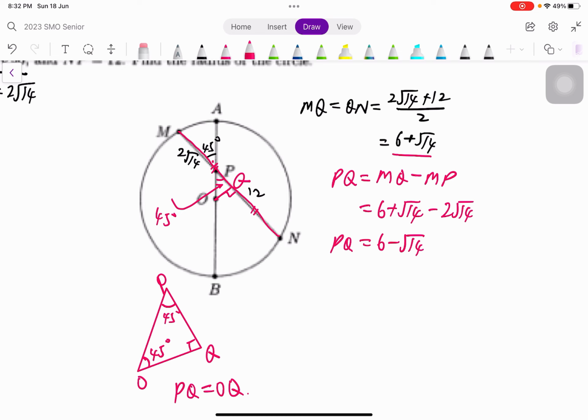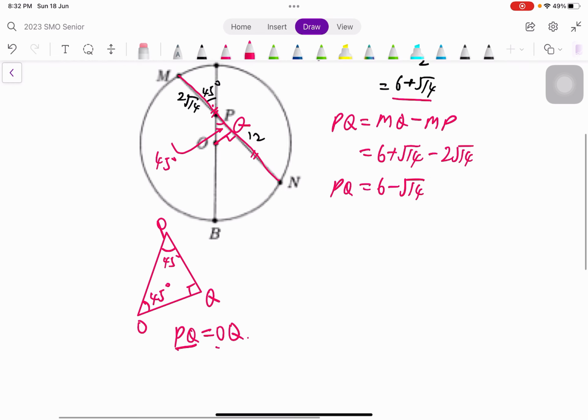All right. And in this case, can you see that because PQ is equal to OQ, right?